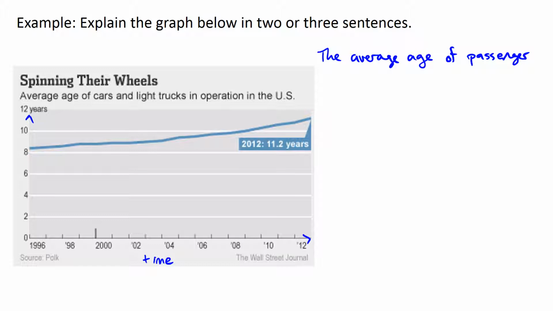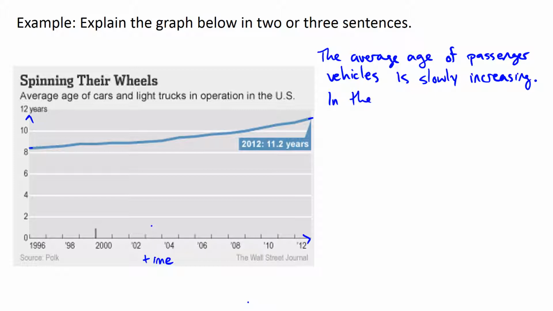You could say the average age of cars and trucks is slowly increasing, and that could be my first sentence. The average age of passenger vehicles is slowly increasing from about 8 years to about 11 years in this time span.